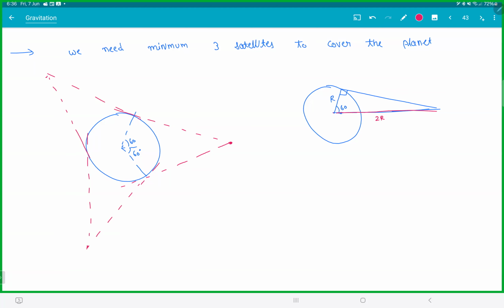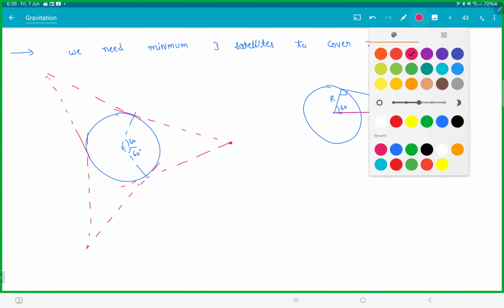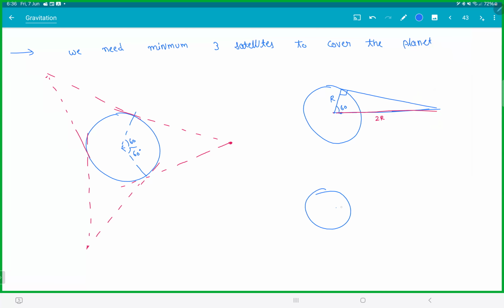So you need 3 satellites at a distance of R from the surface. That is almost 6,400 kilometers. If you keep them at a lower distance, say only at a height of 200, 300 kilometers, you won't cover enough area. That's why you need more satellites. So basically you can cover up to that 60 degree latitude angle. Clear? Next one.